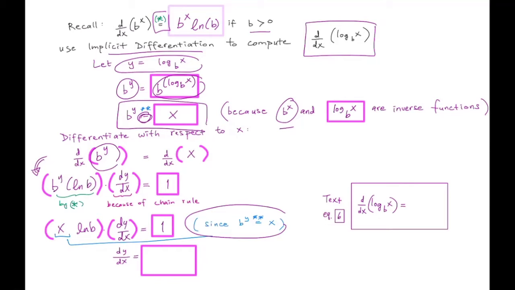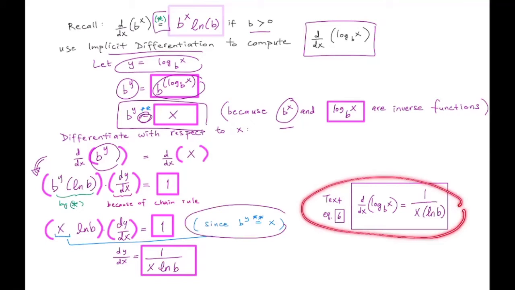Next, I multiply both sides by 1 over x times natural log of b. And this is the derivative of log base b of x. This one we don't use as often, so you don't have to memorize it, but when it does come up, you'll have to go through this same process.